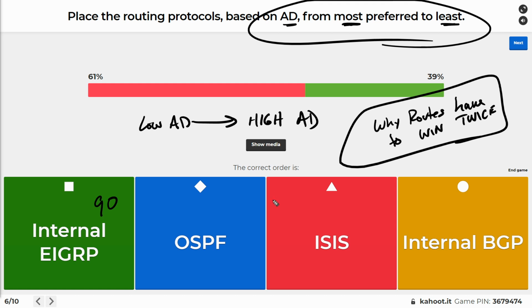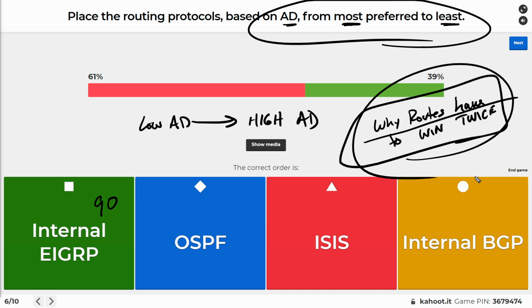So routes have to get into the routing table based on AD, a little fight out battle there. And then once they're in the routing table, it really doesn't matter. If they're in the routing table, it's always the longest match that's going to be used based on a forwarding decision. So that's a great video if you need to brush up on administrative distance or longest match.